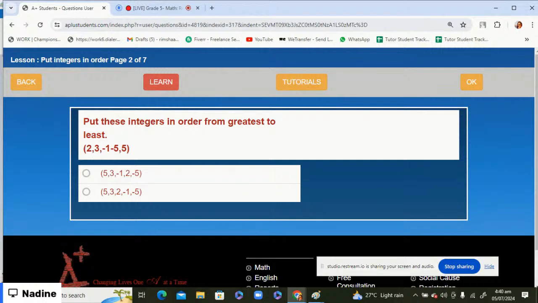Put these integers in order from greatest to least. Now here you put the greatest one first and then to the least. What is the greatest one here? Sorry, it's 5. Then it's 3, then 2, then minus 1 and then minus 5.